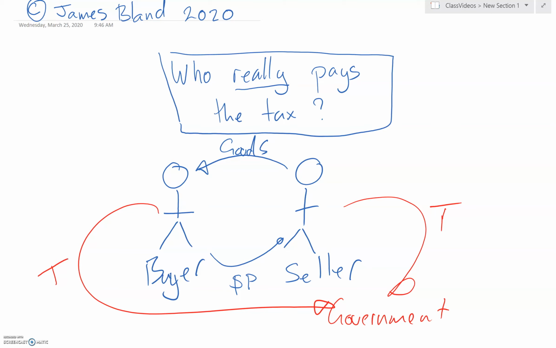Really the seller collects your tax on your behalf, but the sticker price that you see is not the amount that you pay.